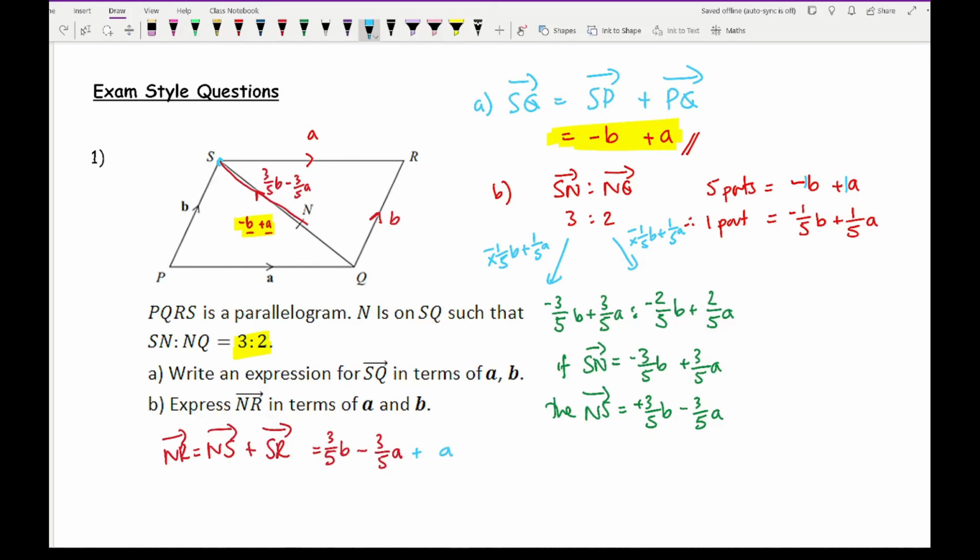Because A already has 3/5, let's write 1 as 5 over 5. But again, if you want to do this on a calculator, then that's absolutely fine. So combining those two and collecting the like terms, I get my answer of N to R is going to be 3/5 B, and then minus 3/5 plus 5/5 is going to be plus 2/5 A. And there is my final answer.